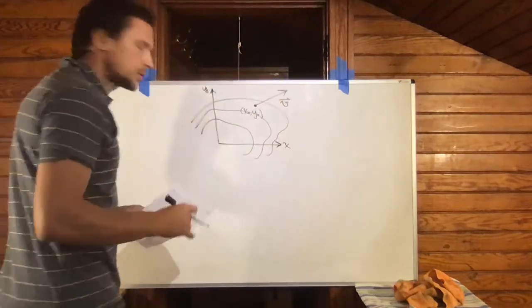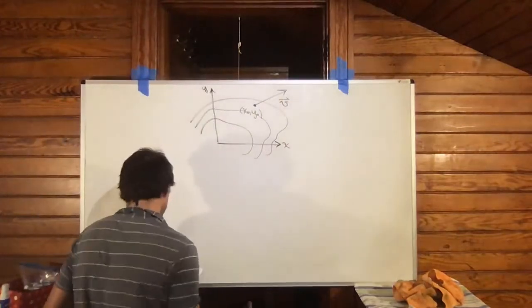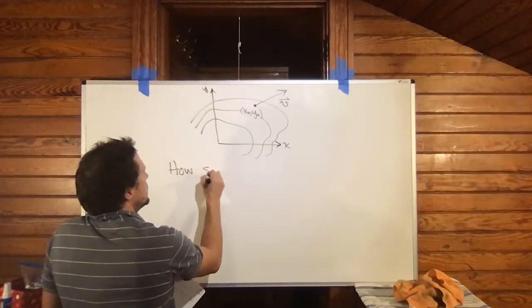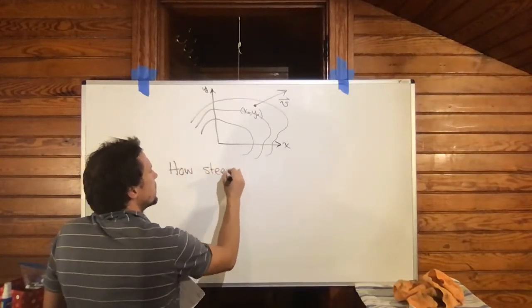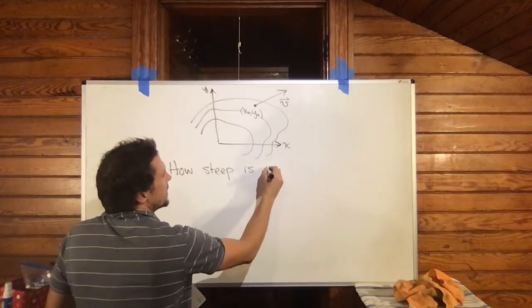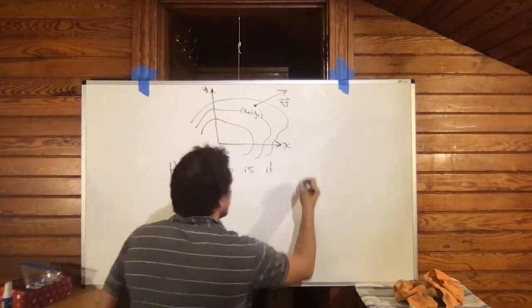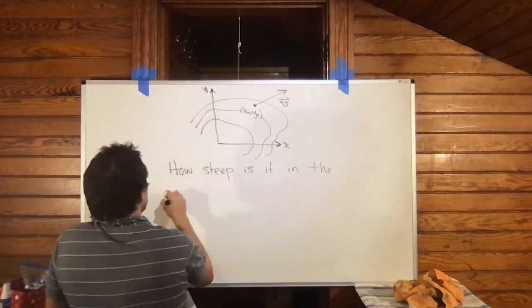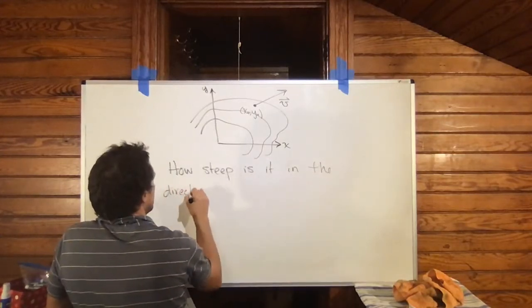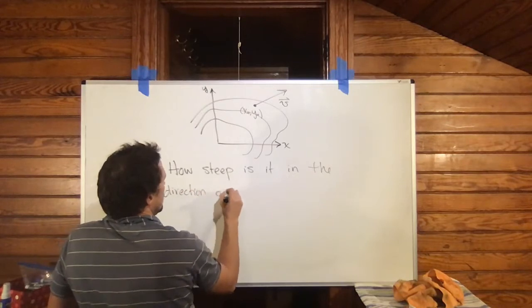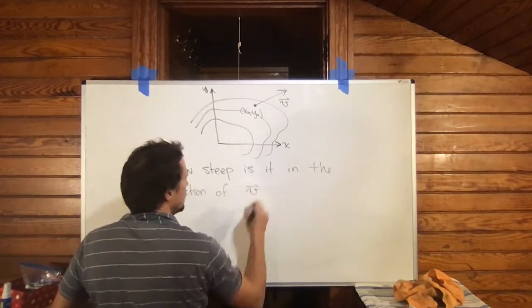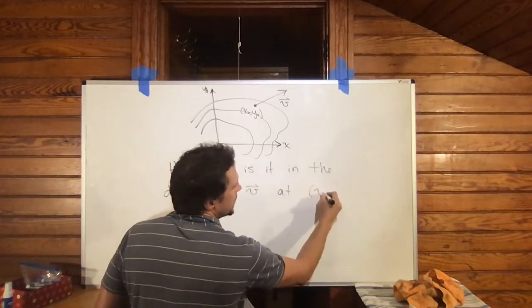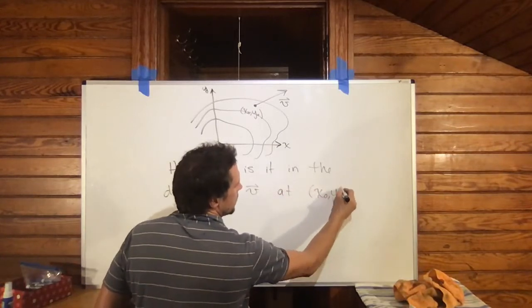So the question that we're trying to get at is, how steep is it in the direction of v at the point x0, y0.